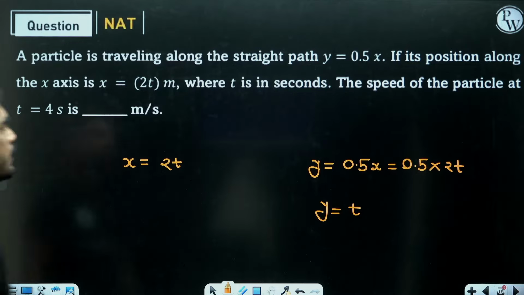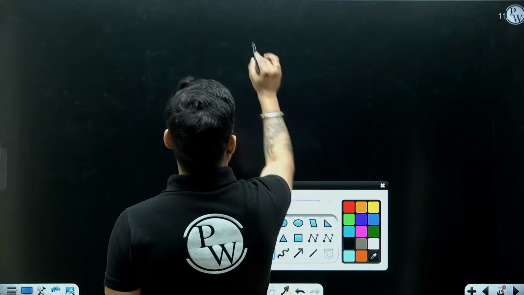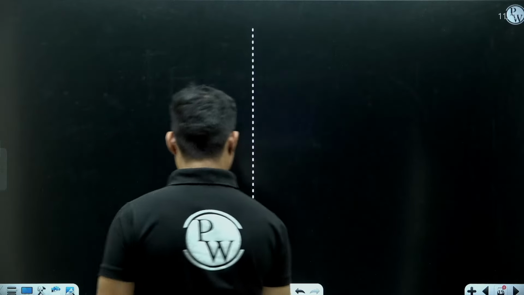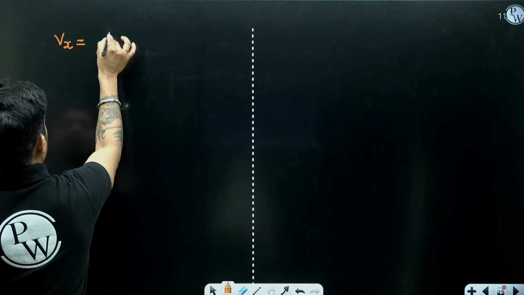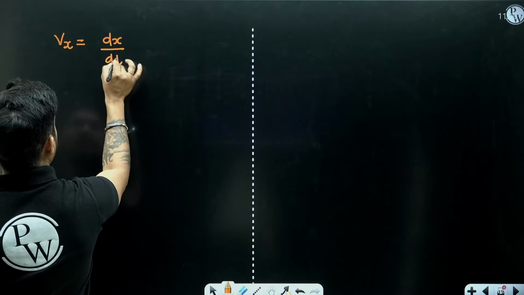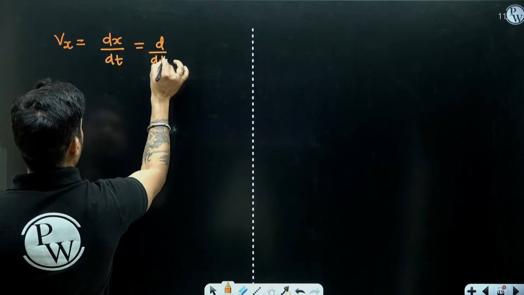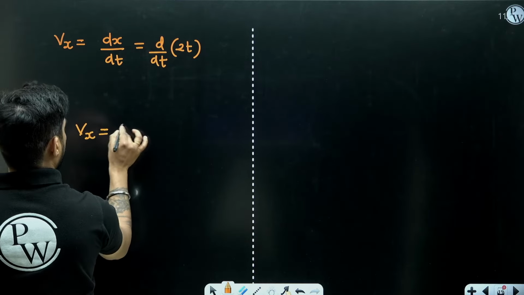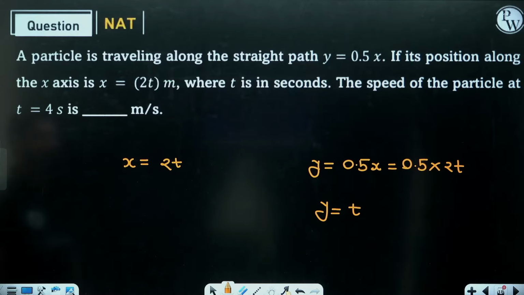Now we can find the speed. So Vx will be equal to dx by dt. So it will be d by dt of 2t. So Vx is equal to 2 meter per second, right?